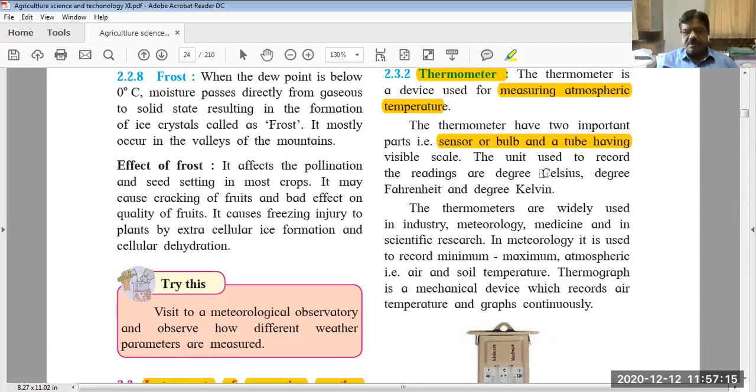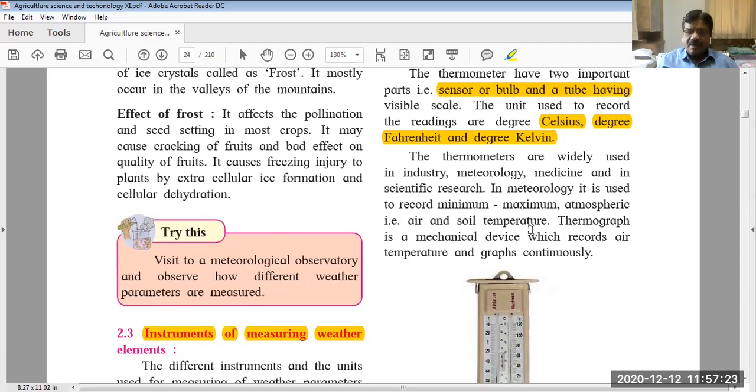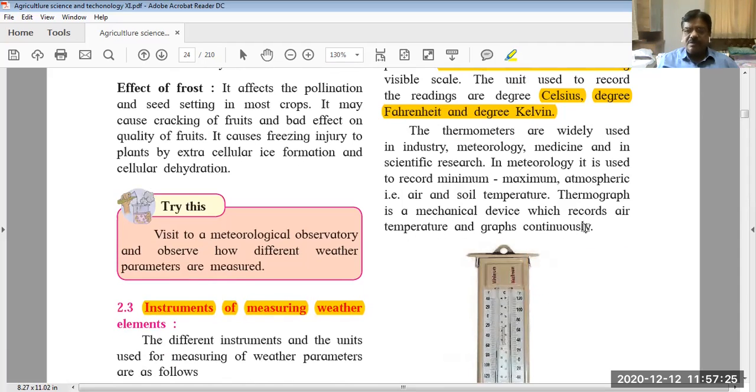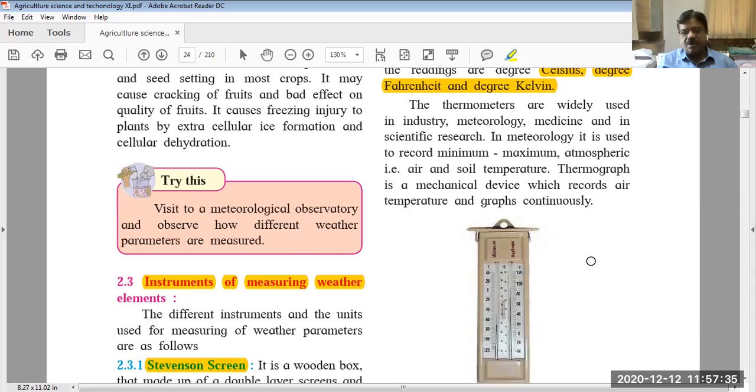Temperature in the atmosphere can be measured in degrees Celsius, Fahrenheit or Kelvin. This instrument is used in many places, not only in meteorological laboratories but also for scientific research, and we can have it for domestic use also.